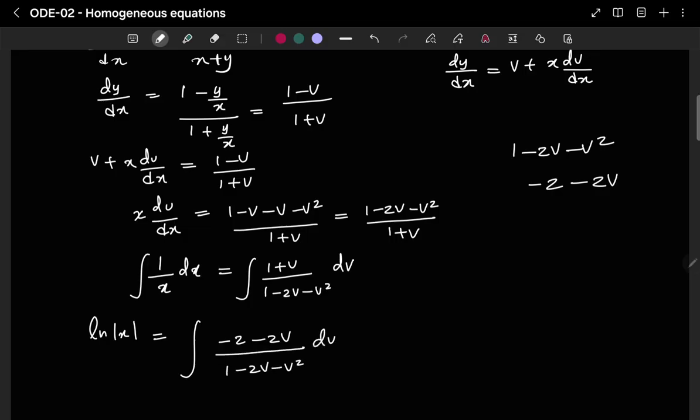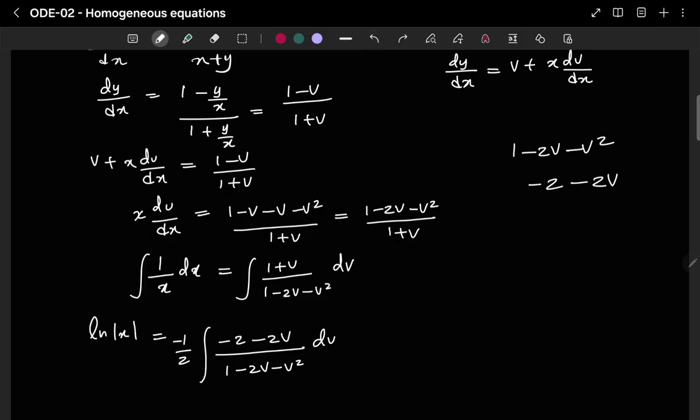The change that we have made is that we have multiplied the numerator by minus 2. To avoid that change we have done to the numerator, we can simply divide by minus 2.